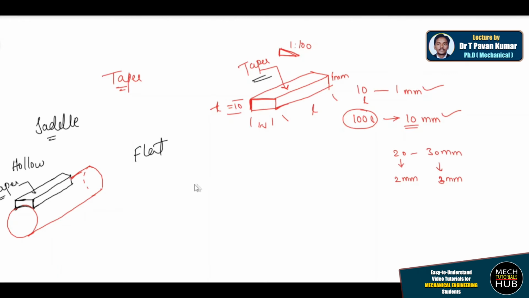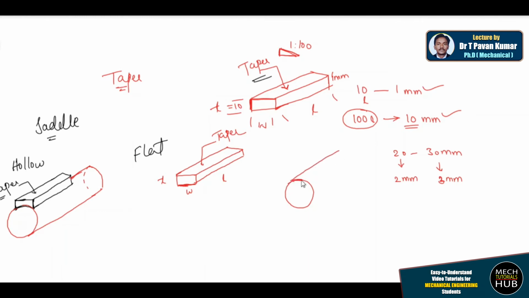If it is a flat key, then there will definitely be a flat bottom surface and a length throughout. This is T, W, L. Obviously there will be a taper on the top surface. As the bottom is a flat surface, the shaft top surface where the key is going to sit, they try to make it flat by filing it.